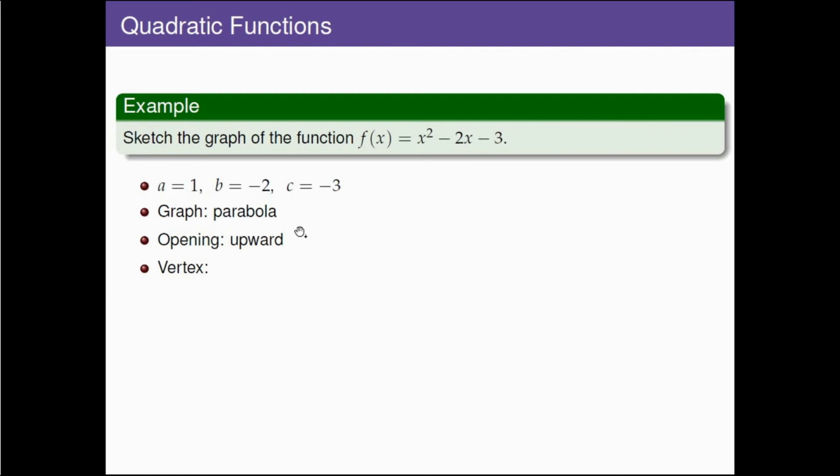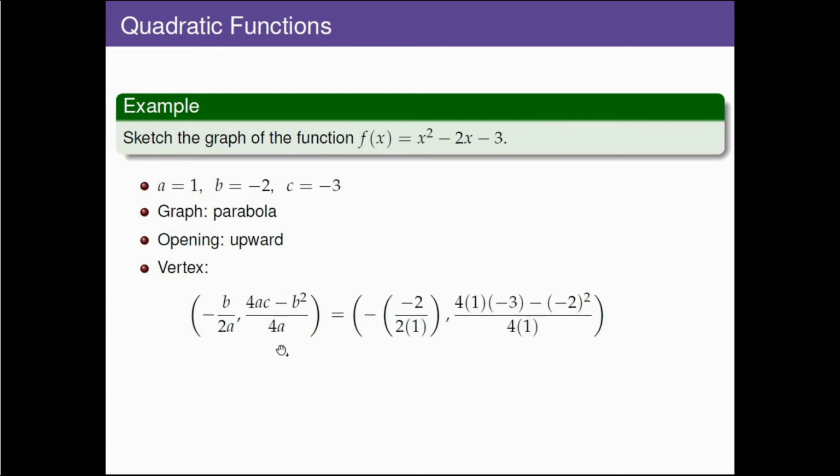To find the vertex, we use the formula, and then we plug in the values of a, b, and c. And we get the coordinates (1, -4).